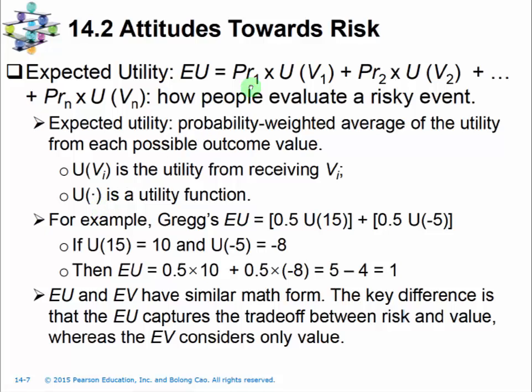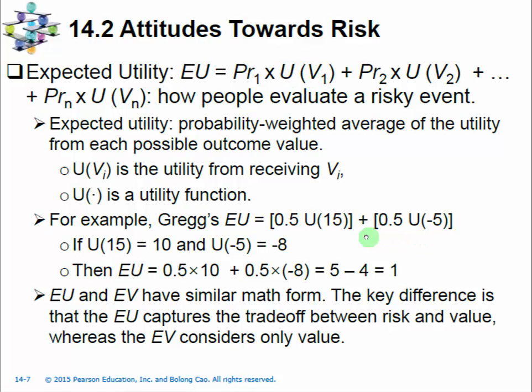And finally, we calculate the probability weighted average of utility levels from each possible outcome value. Obviously, we use the probability for the first outcome to occur to weight the utility yielded from getting the first outcome.